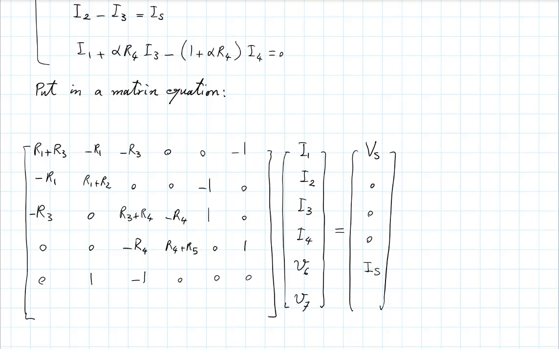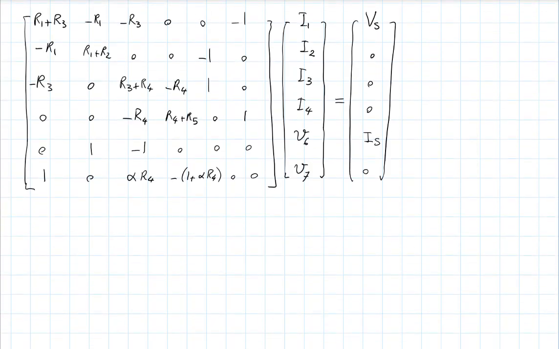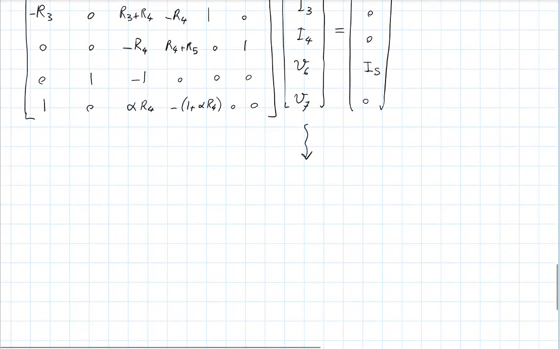And for the final equation, I have 1 for I1, 0 for I2, alpha R4 for I3, minus 1 plus alpha R4 for I4, and then 0, and then 0. And on the other side, I also have 0. So if you call this the vector of unknowns, let's call this a big vector I.